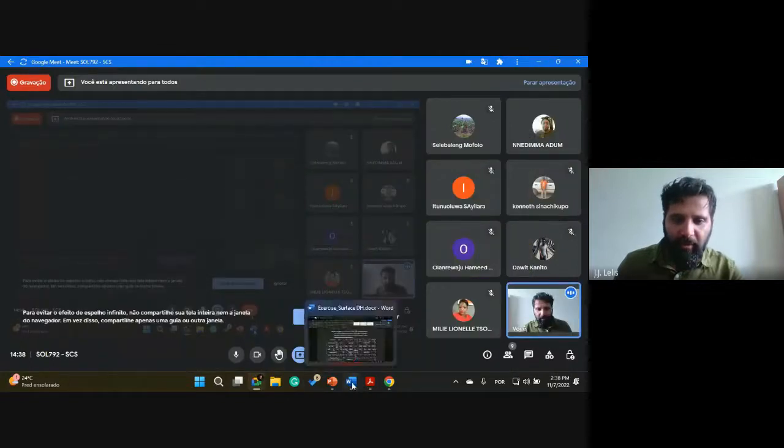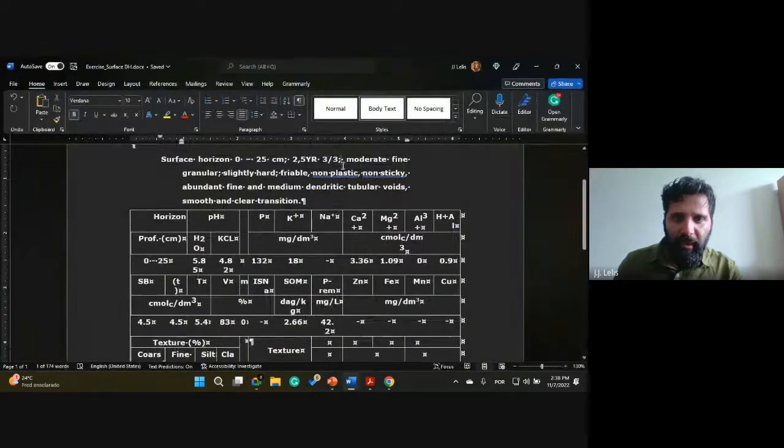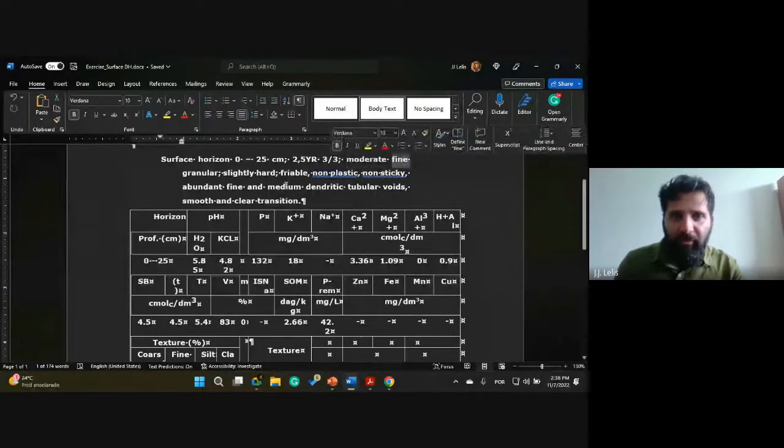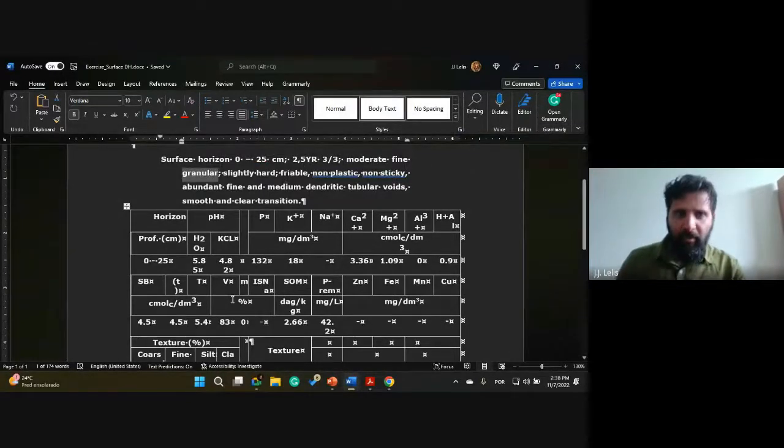Okay, now we come back to the page and we can see a moderate grade, so it's not so strong, but it's not weak. And we have fine granular structures. So we have these spheric structures and the size is fine, it's not too big, okay?